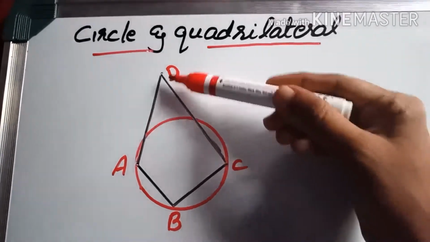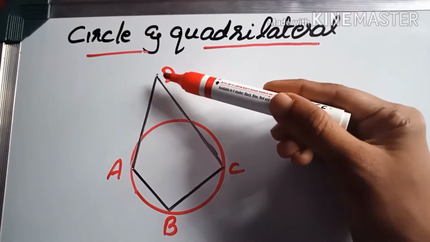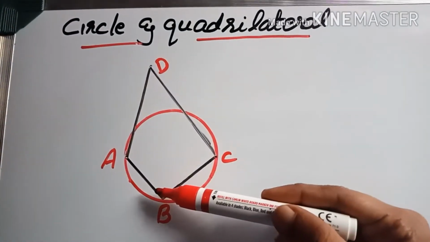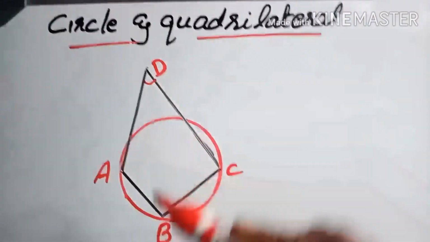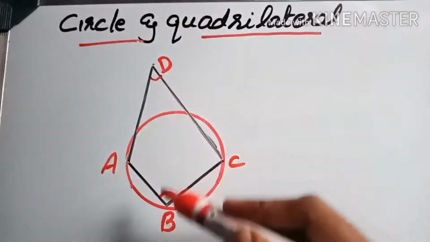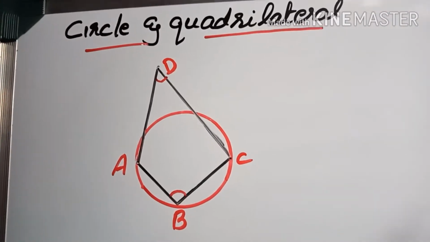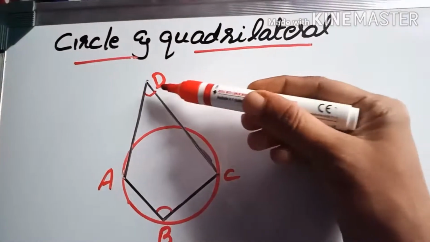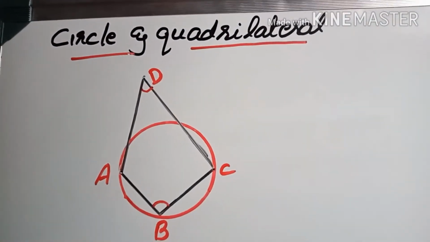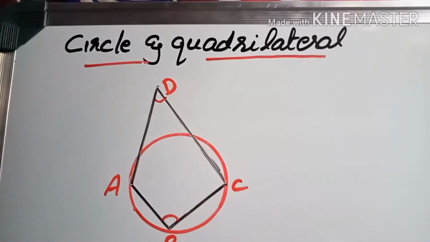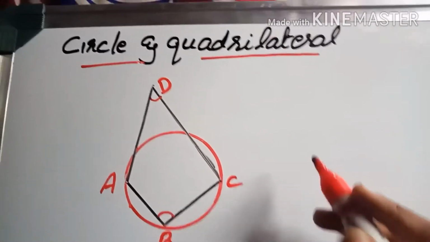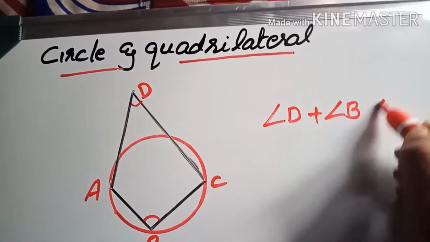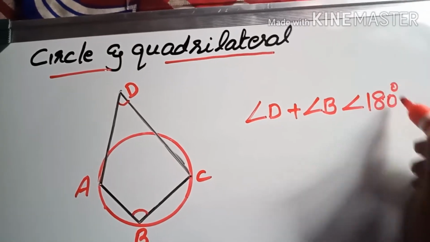In this case, the angle made by that outside vertex and its opposite angle, that means angle D and angle B, sum of these two will be less than 180 degree, because this angle anyway will be less than 90 degree. So angle D plus angle B will always be less than 180 degree.